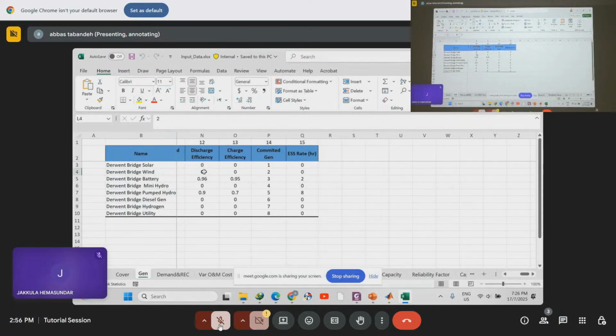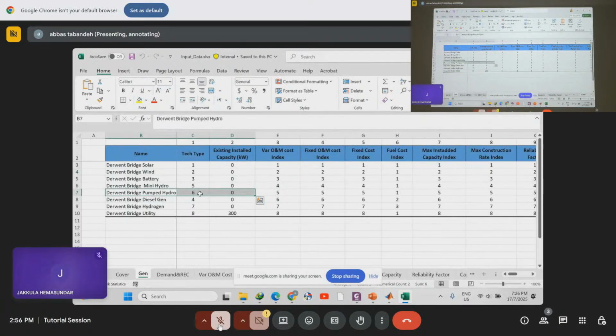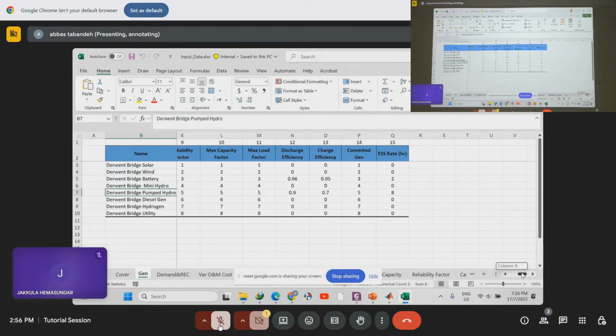We have defined it only for battery and pumped hydro because they are the only storage systems. So this is the discharging efficiency, and this one is charging efficiency for these two types of technologies.